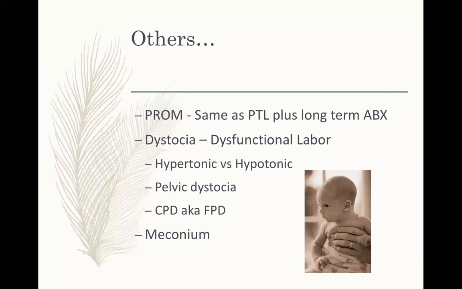In cephalopelvic disproportion, some of the signs of having CPD, that the baby's too big to pass through mom's pelvis, are slow cervical change. So if we have a significantly prolonged labor, we're going to consider a CPD risk. If mom has diabetes, specifically gestational diabetes, we're going to consider a CPD risk.